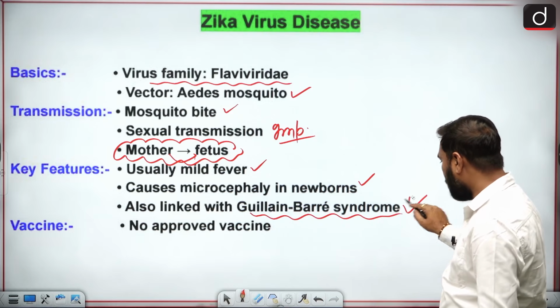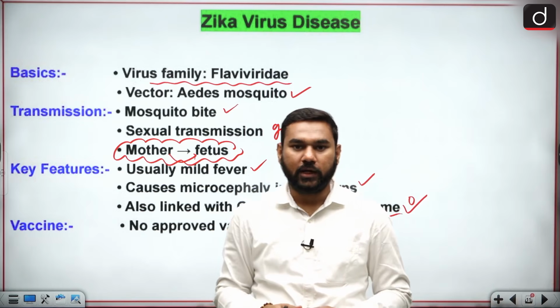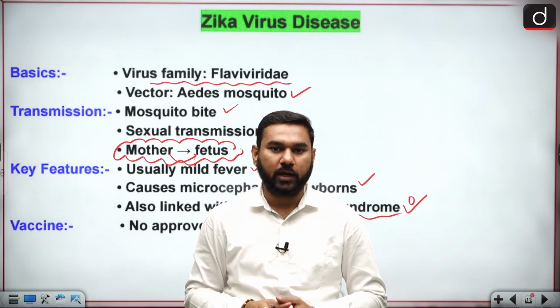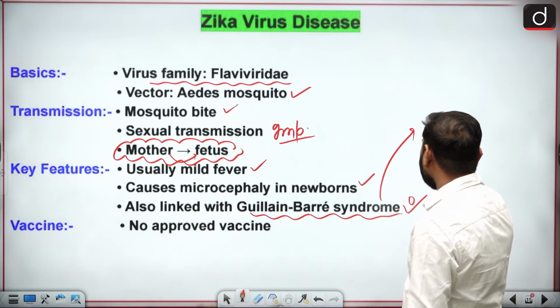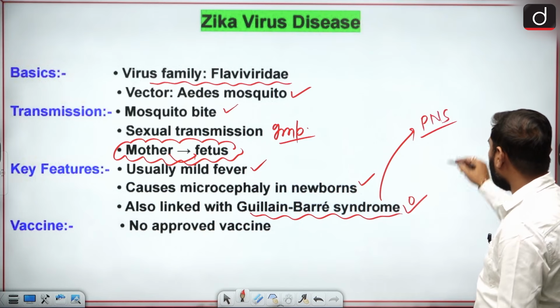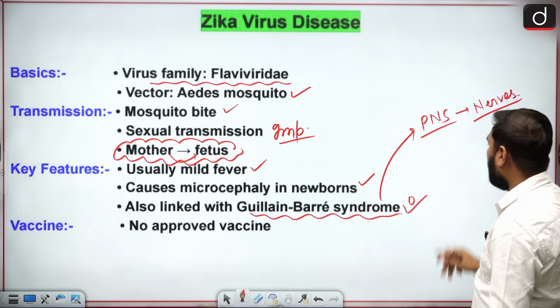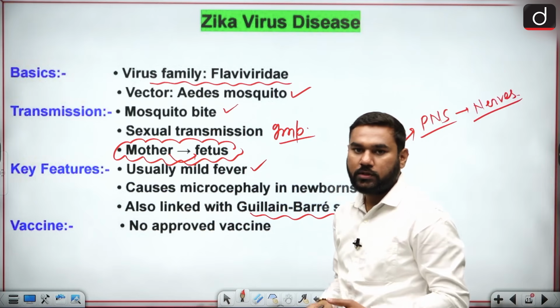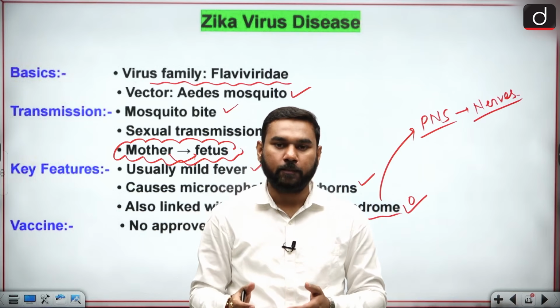This is again a big problem that came after corona. Guillain-Barré syndrome is when our nervous system faces some problem. You know that our nervous system has one part which is known as the PNS, the peripheral nervous system, which is related to your nerves. And nerves are basically those structures which are responsible for carrying and transferring signals between the brain and body.